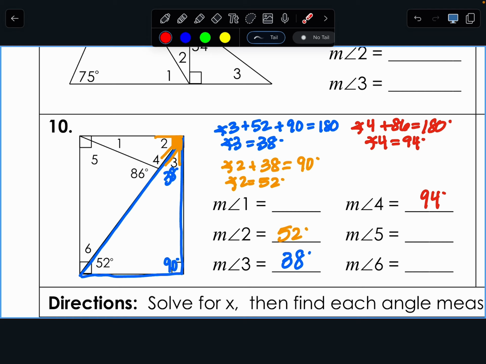So now I know, this is why you label your diagrams, because I didn't. Now I know that angle 2 is 52, and I know that angle 4 is 94. So then I can say that angle 1 plus 52 plus 94 equals 180. So angle 1 is 34.